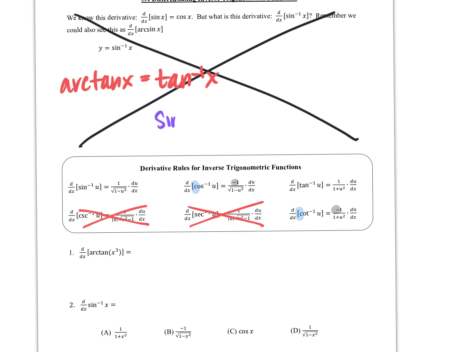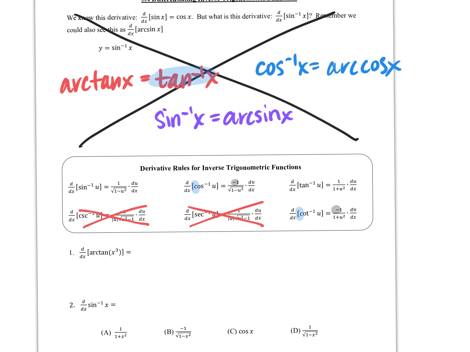So if it helps you guys, inverse sine is the exact same thing as arc sine. And inverse cosine is the exact same thing as arc cosine. The reason I'm showing you both of these is because, of course, AP uses both of them, right? They don't just pick one. I personally use the inverse notation more because it's less to write. I don't want to write all those letters for arc.